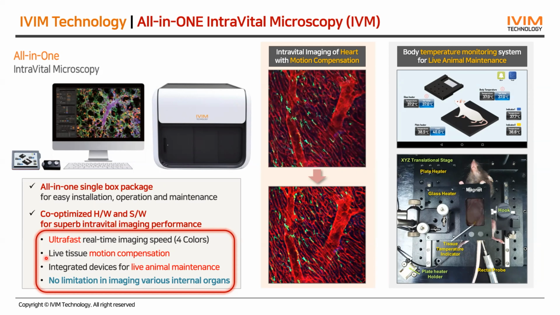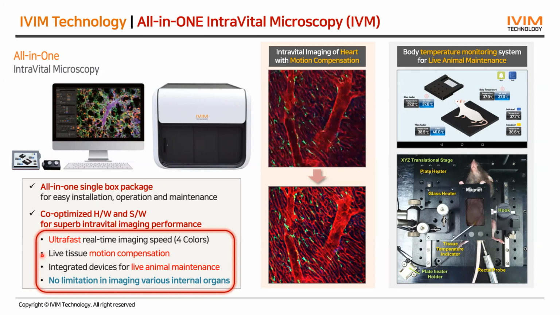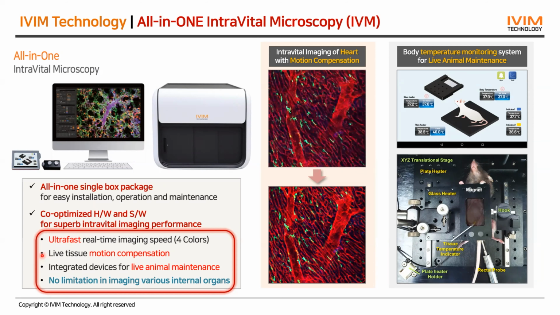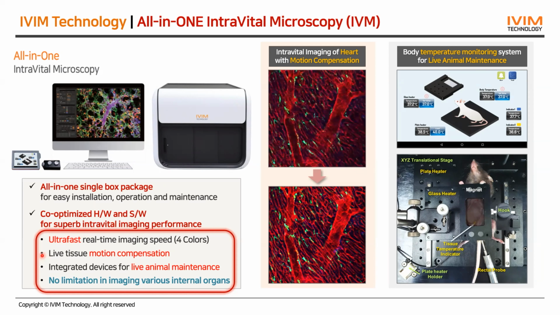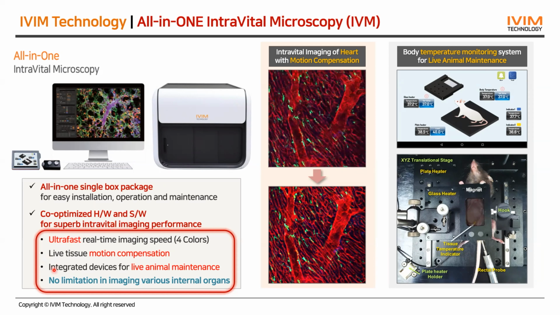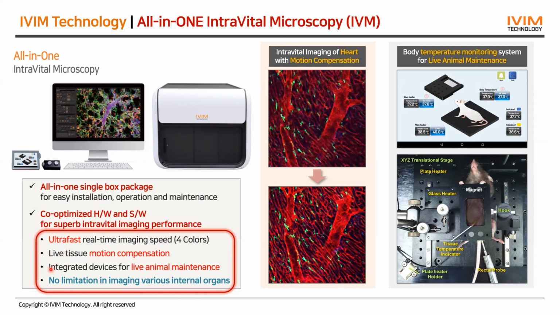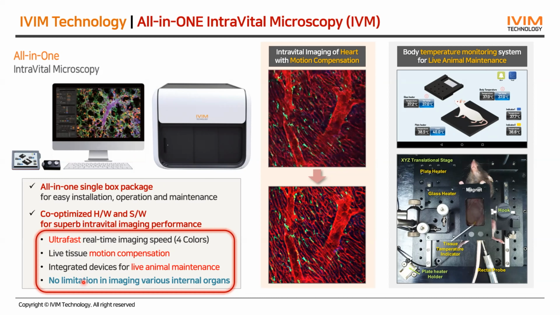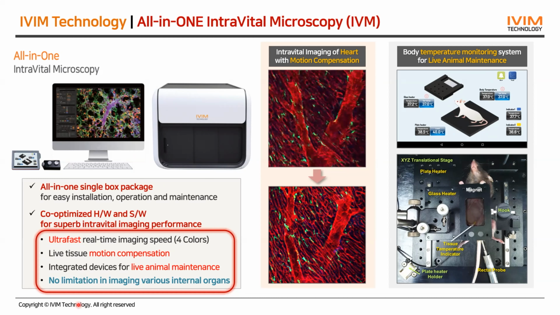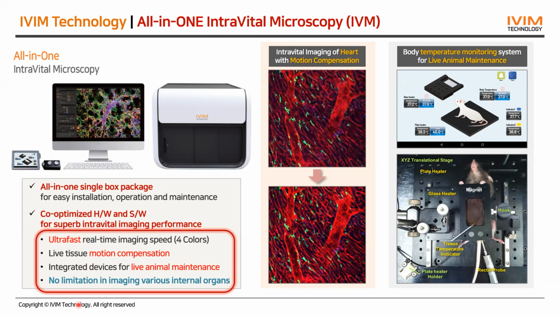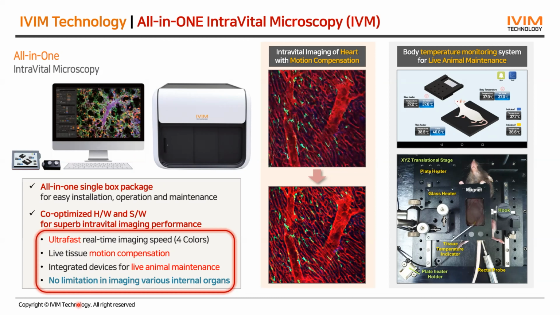Second, live tissue motion compensation for automatically adjusting the motion artifact so users can get high quality and clear images even on the beating heart or lung. And lastly, the integrated live animal maintenance system and various imaging window accessories for a wide range of in vivo research applications. With those key in vivo functions together, users can get high quality and high resolution in vivo data without any limitation in imaging target live organs.